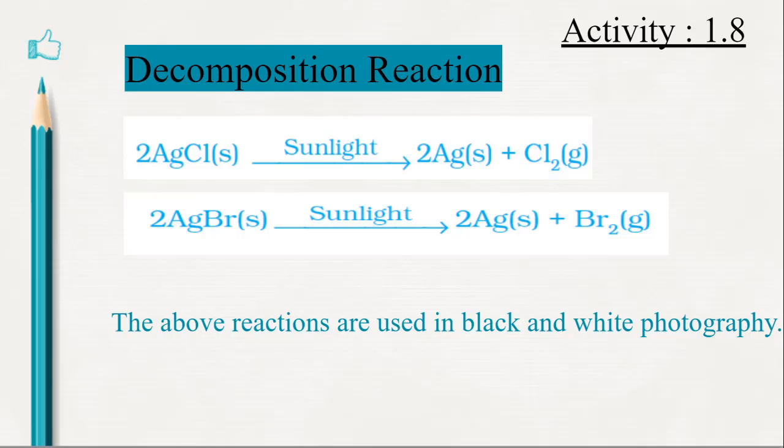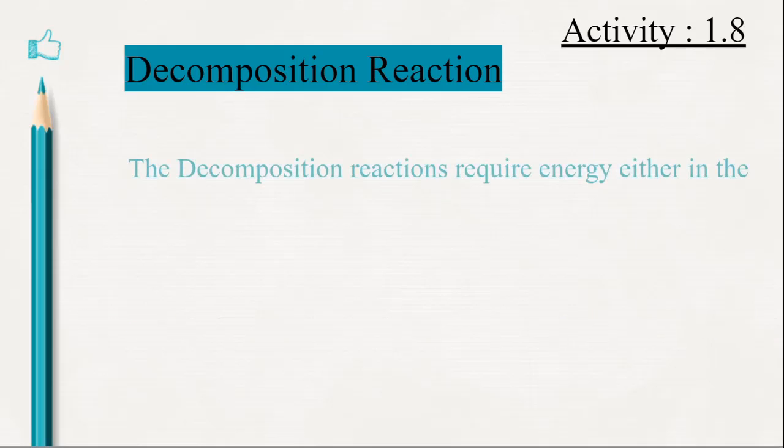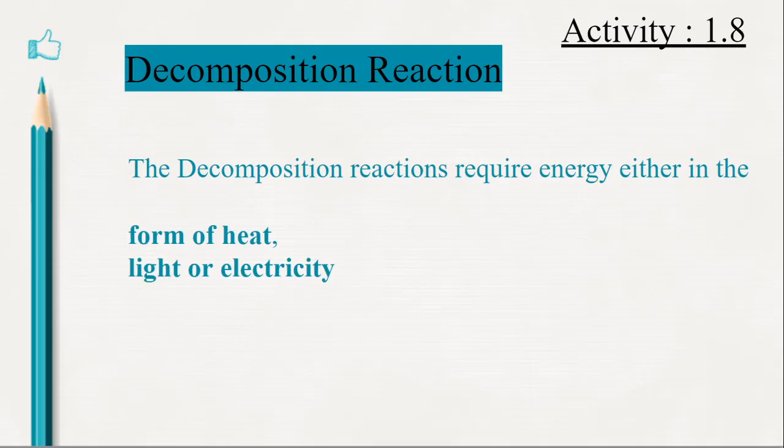We have seen that decomposition reactions require energy either in the form of heat, light, or electricity for breaking down the reactants. It means if we want a reactant to break down, that is, if we want the decomposition reaction, then it needs heat, light, or electricity.